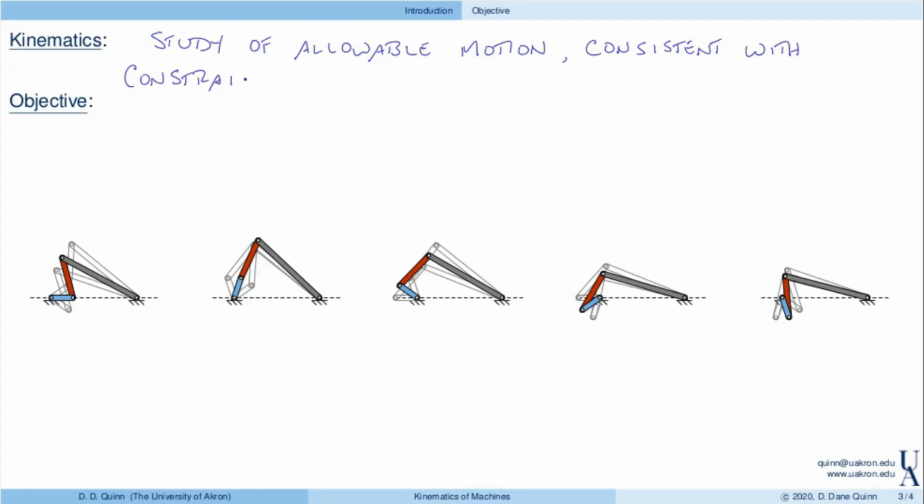But in particular, without regard to the forces that produce that motion. So we're really not concerned with why a mechanism moves the way it does, but more how it moves.